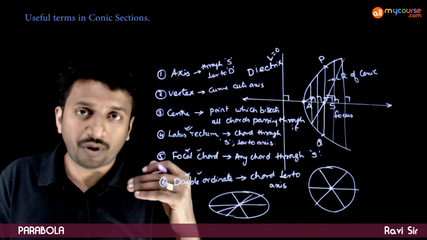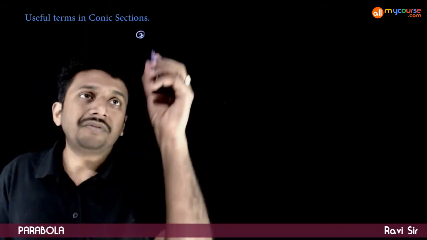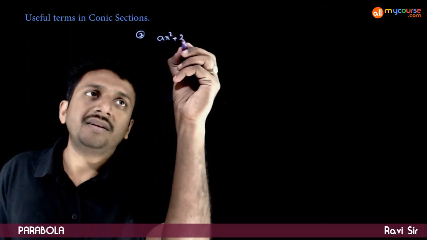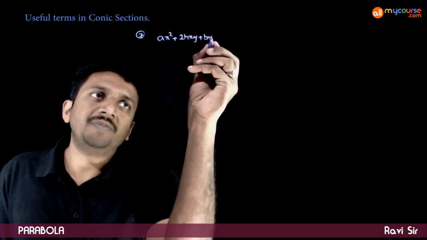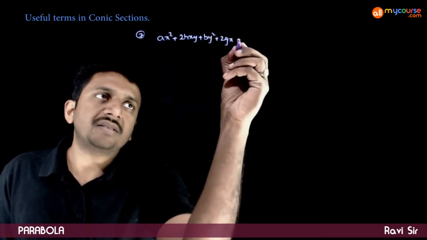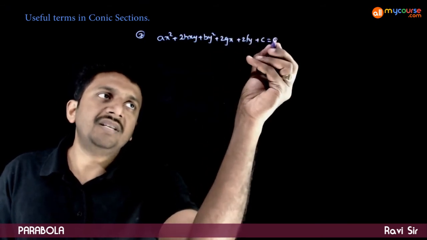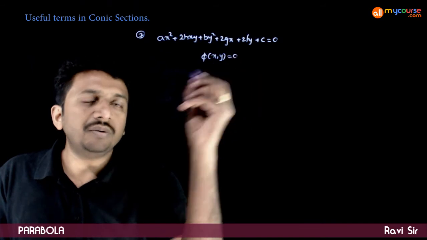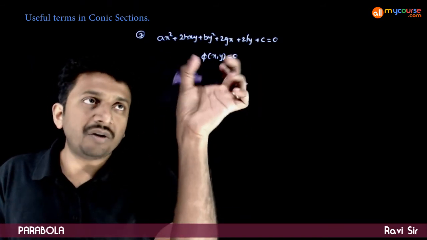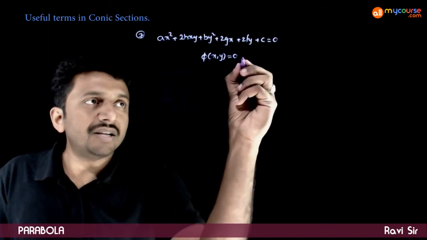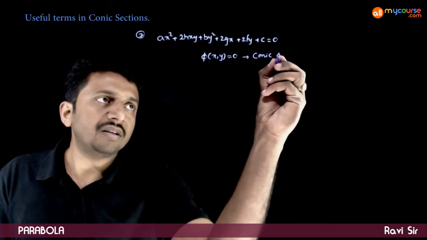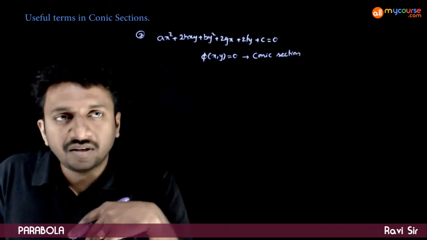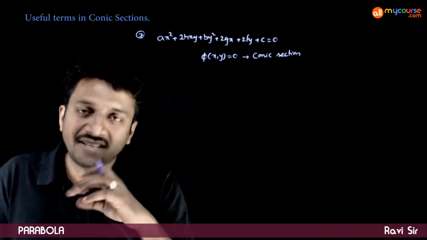Now let us move forward. The center of the conic, if present, can be calculated very easily. If you have a conic section ax square plus 2hxy plus by square plus 2gx plus 2fy plus c is equal to 0, we can assume this as phi of x comma y is equal to 0. Suppose that this equation has a center.